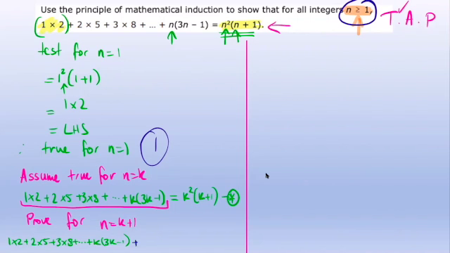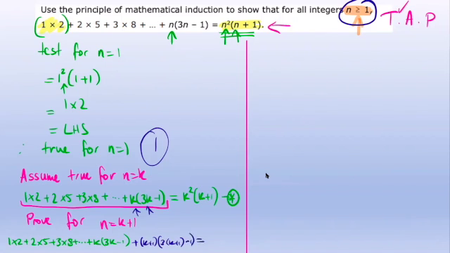Now, the reason why I'm making a big deal about this is that often students forget to put this term in when they do their k plus 1, and then the induction doesn't work as well. So write everything in, except now we're adding one more. So I'm going to go (k plus 1) times (3(k plus 1) minus 1). Now I'm substituting k plus 1 into the extra term.